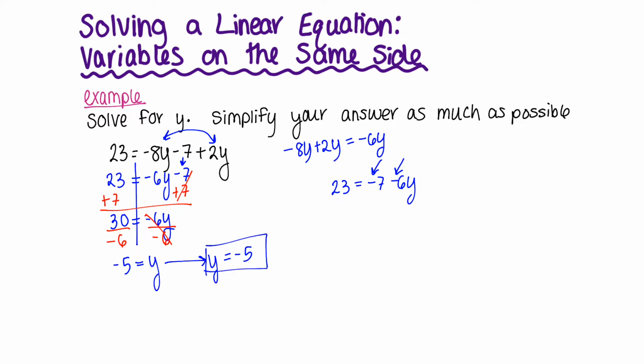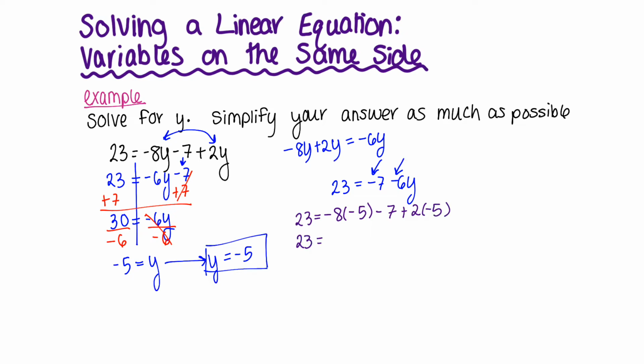Now, to check our answer, we can plug our y value back into the original equation to see if we get a true statement. I'm going to go ahead and do that this first time, but I won't do it in the other problems. So plugging that in, we have 23 equals negative 8 times negative 5 minus 7 plus 2 times negative 5.